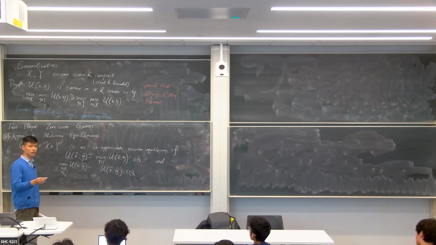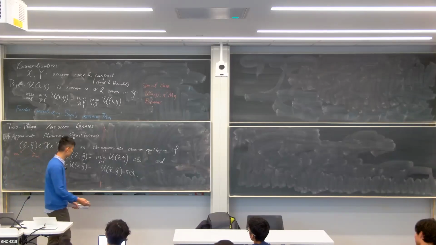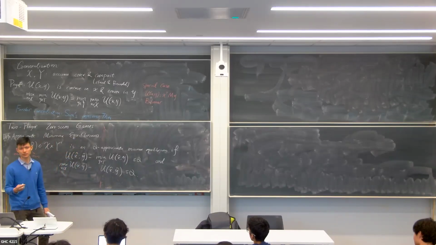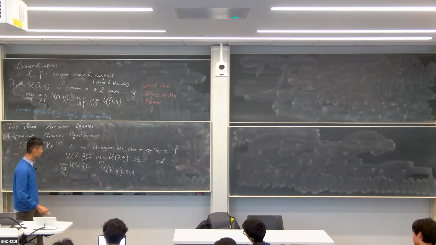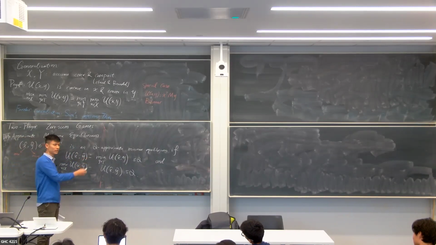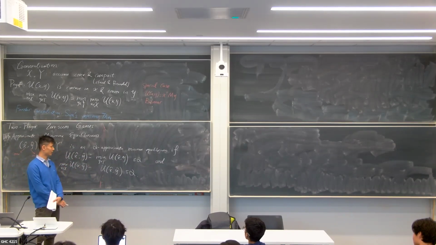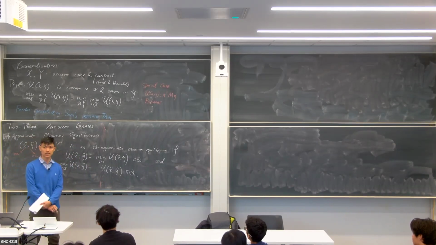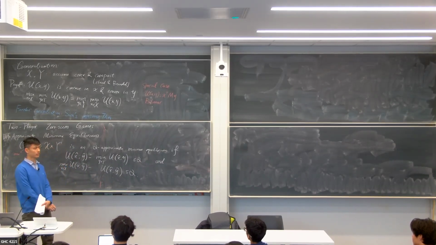And equilibrium is also about second thoughts. We all have second thoughts, but in this case, equilibrium is stress testing whether you need to have second thoughts. The second thoughts experiment is exactly asking, well, I'm trying to minimize the money I pay. Knowing that the maximization player is playing x hat, can I do any better by switching?